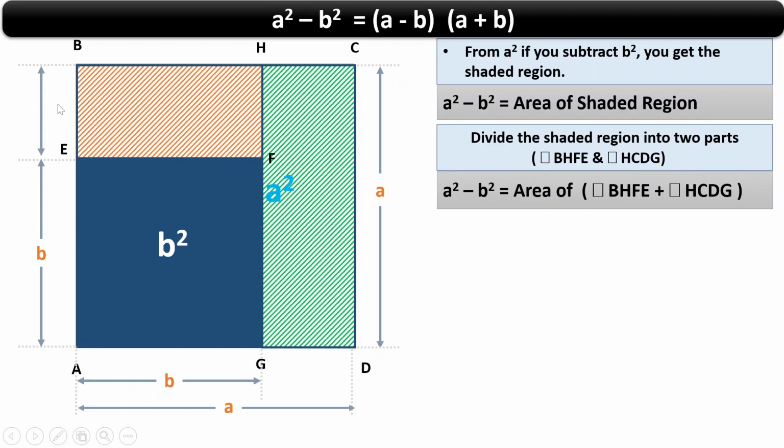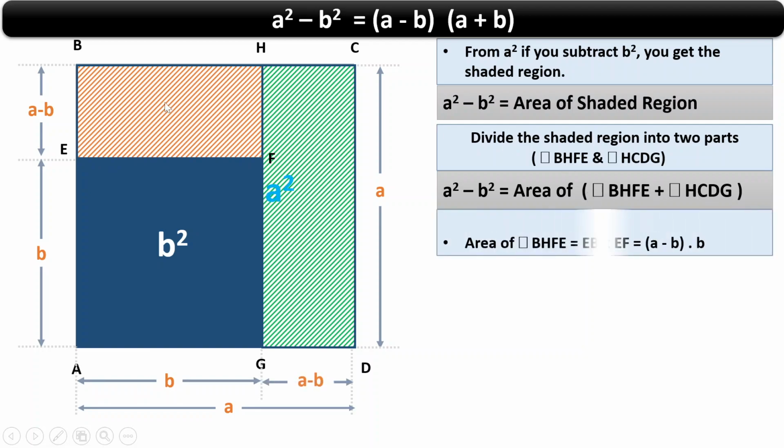So this is nothing but A minus B. B is nothing but A minus B. So L into B. So the area of BHFE is equal to A minus B into B, right? This is the area of this particular rectangle.